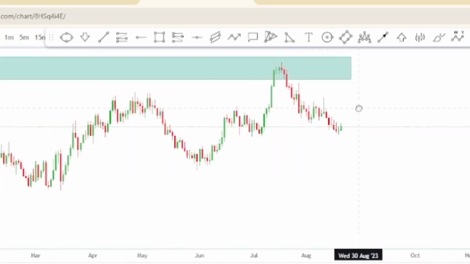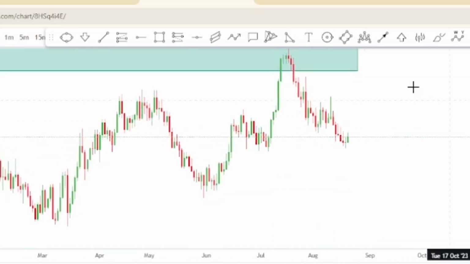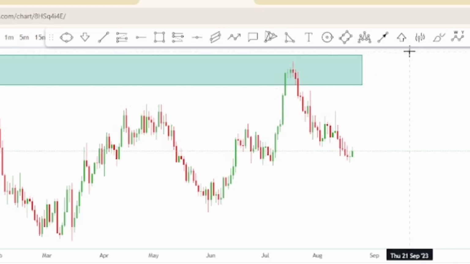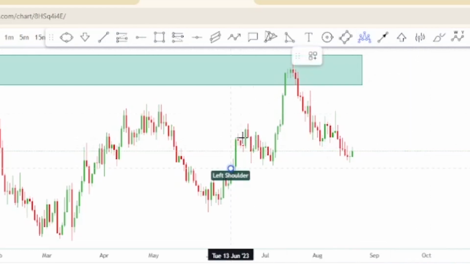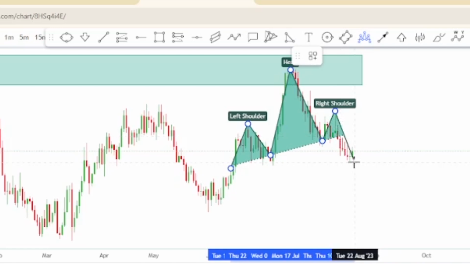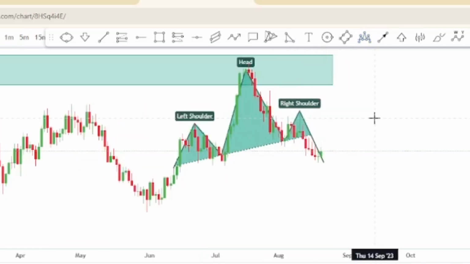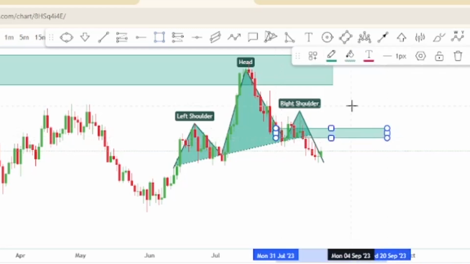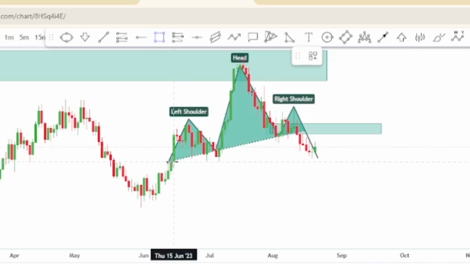As I can see from this chart pattern here, I have a head and shoulders from the area where we are rejecting from. This is a formation of head and shoulders. The neckline or a supply area can be from this area and even from this area.